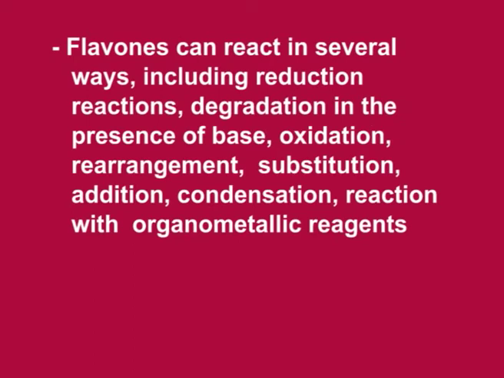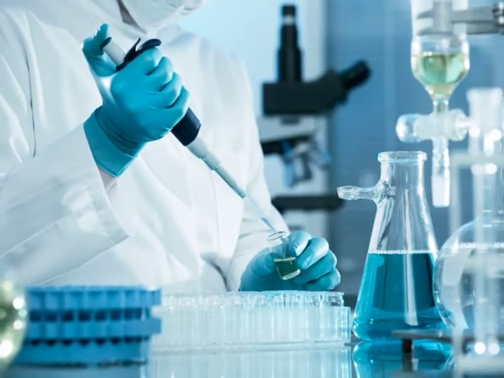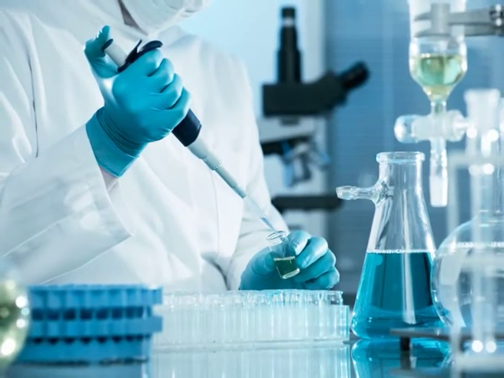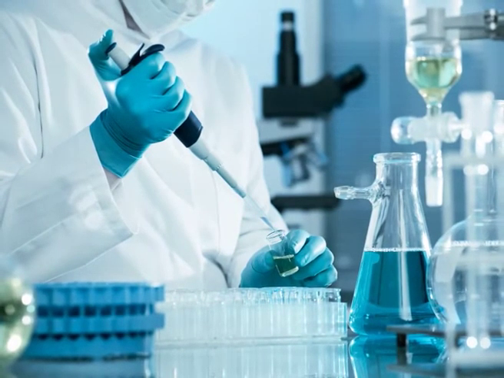Flavones can react in several ways including reduction reactions, degradation in the presence of base, oxidation, rearrangement, substitution, addition, condensation and reactions with organometallic reagents. Several synthetic methods have been developed and modified to get products of high purity and of the desired quality.